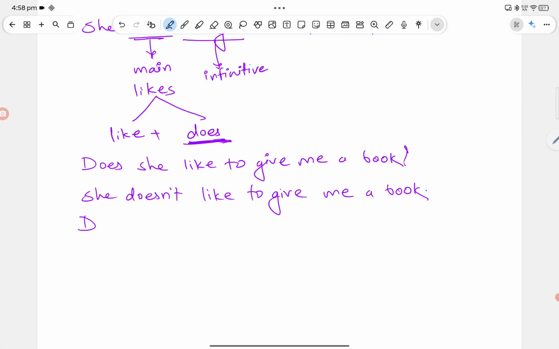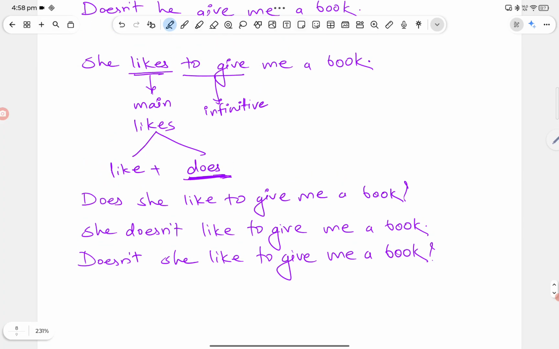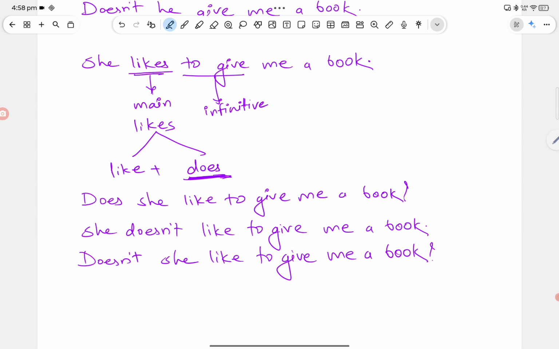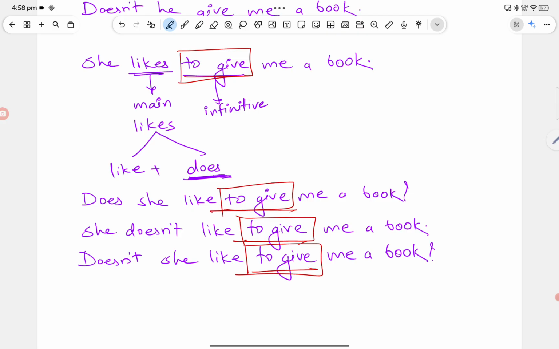And next, negative interrogative: Doesn't she like to give me a book? Question mark. Now what did you learn today? The use of the infinitive. It will not change at all in any form of the sentence. It will remain the same.